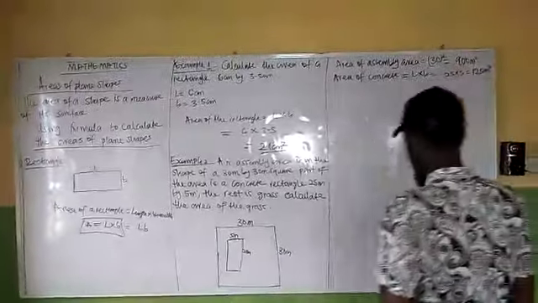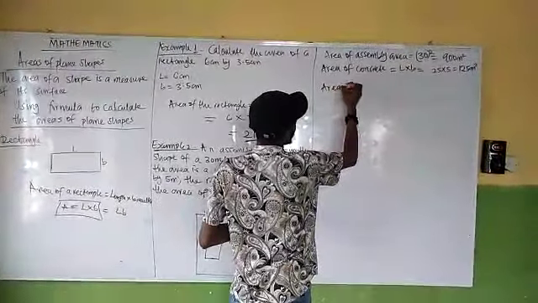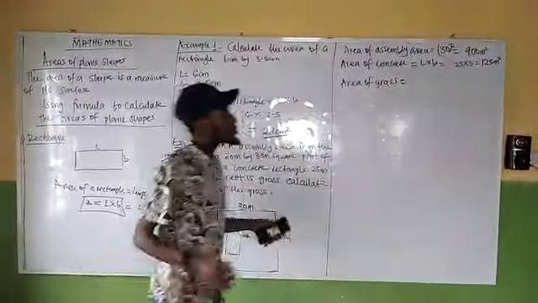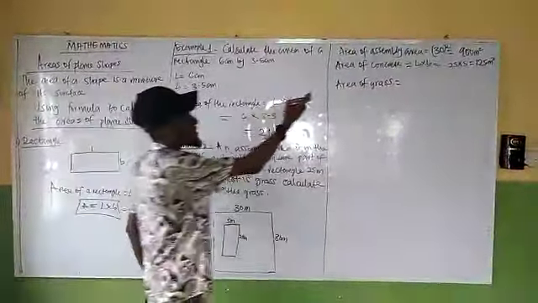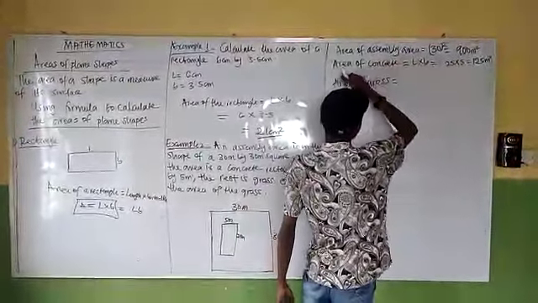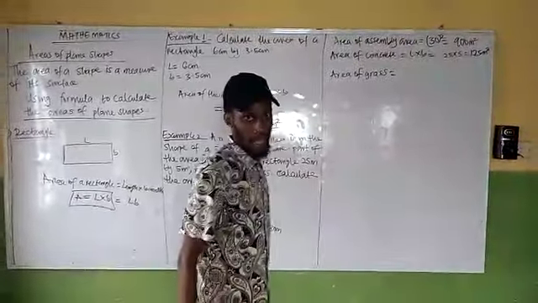So after you have succeeded in doing that, the area of the grass will now be, so how do we determine the area of grass? Now you have gotten the area of assembly area to be 900 meter square, and you have gotten the area of concrete rectangle to be 125 meter square.